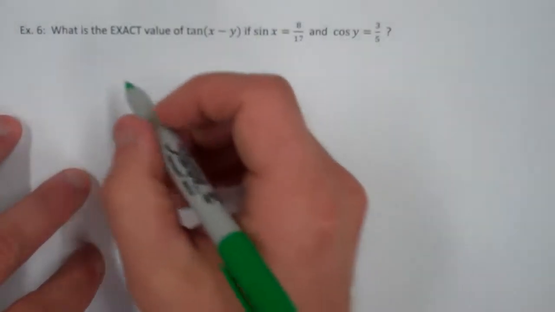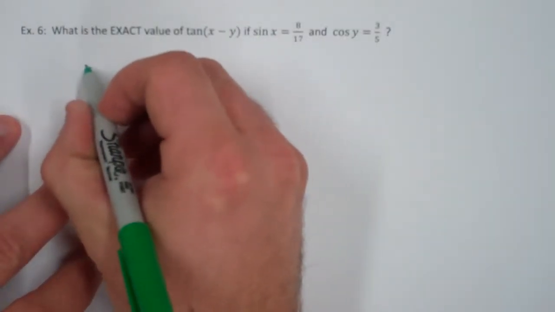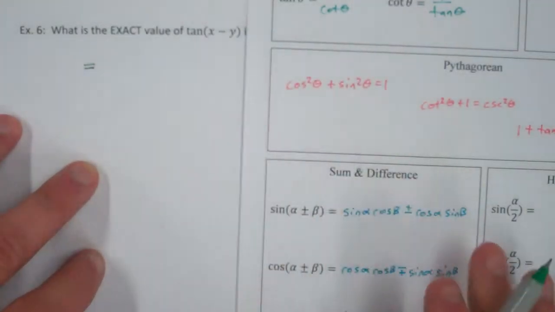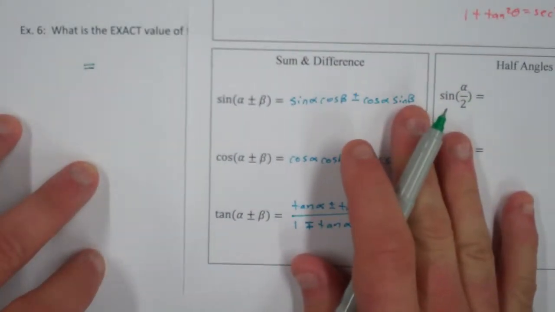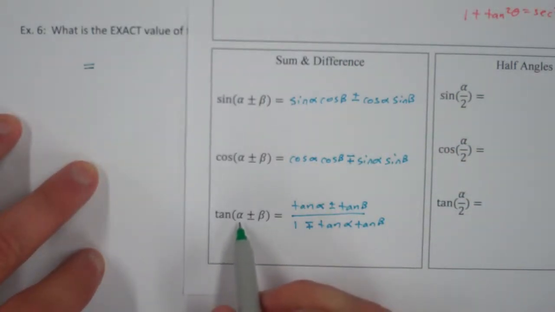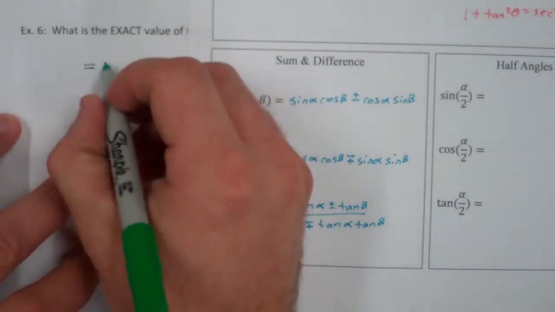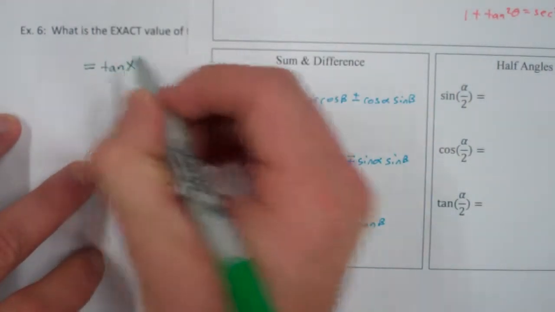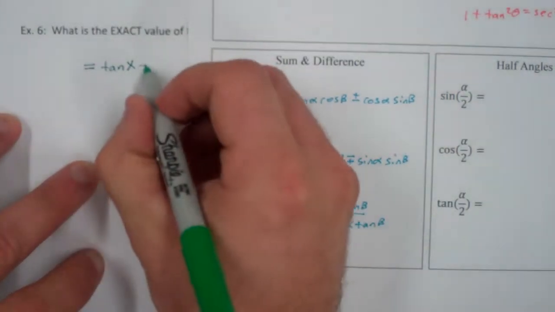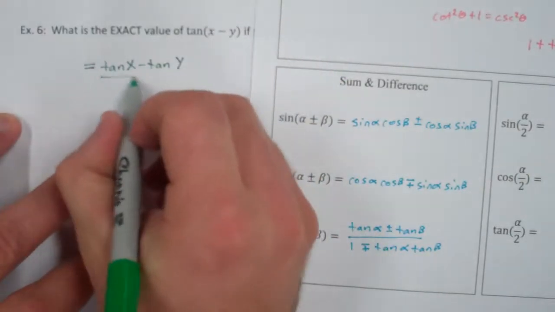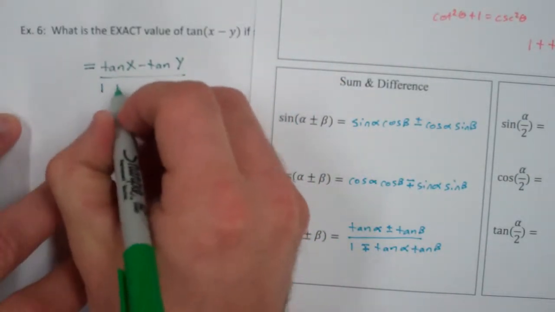So let's see if we can use our formula when we have an angle difference, and we know that it's tangent. So it's going to be the tangent of alpha minus beta. So we're going to need to use the bottom symbol here. So that'll be the tangent of the first angle minus the tangent of the second angle, all over 1 plus.